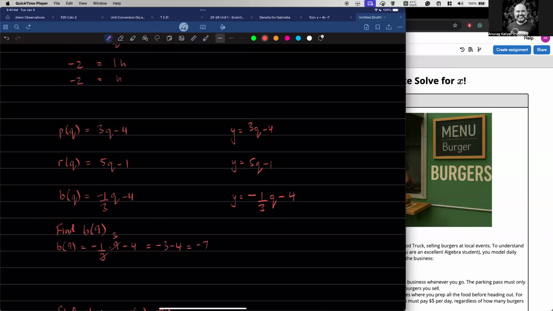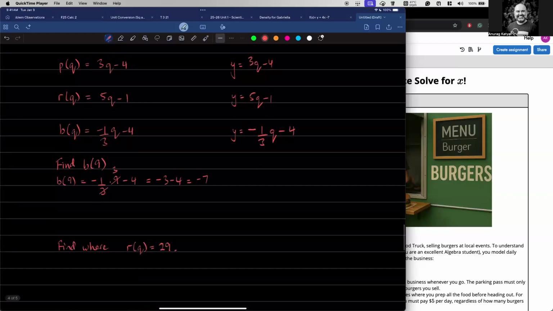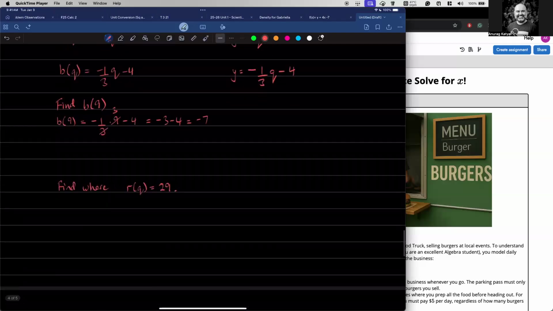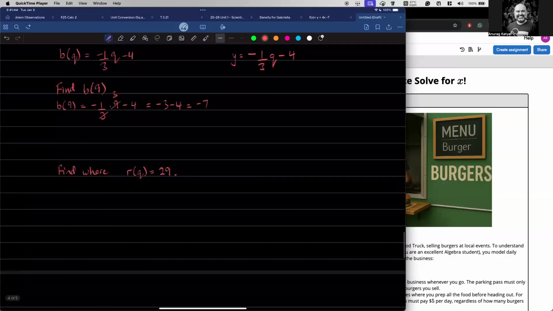So what is the value of the dependent variable when the independent variable is 9? Do we see how that's a long question that I didn't have to write down? Function notation allows us to be very, very concise and precise. It gets the point across much faster. What is this question? Give me the long way of saying this. What am I giving you? What am I asking for?